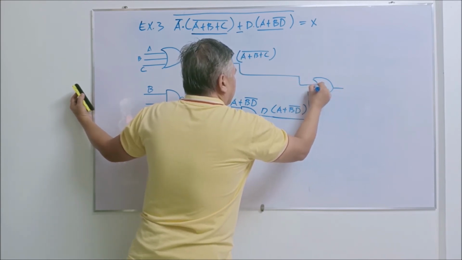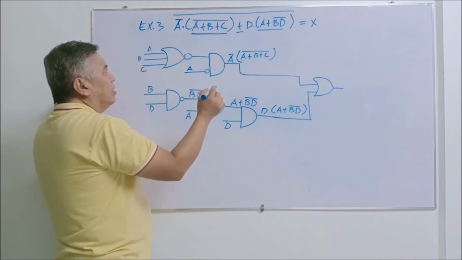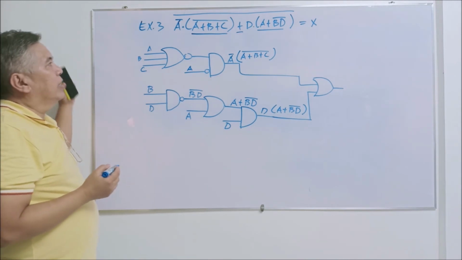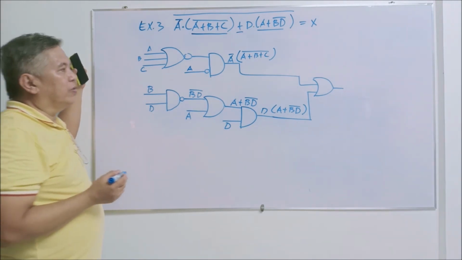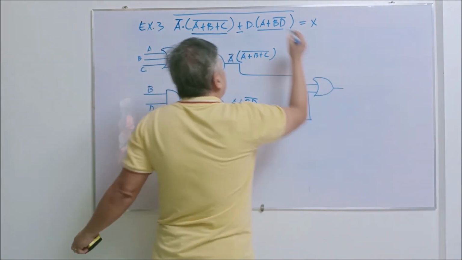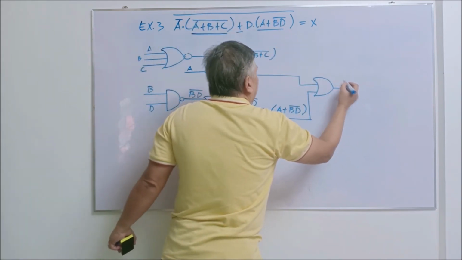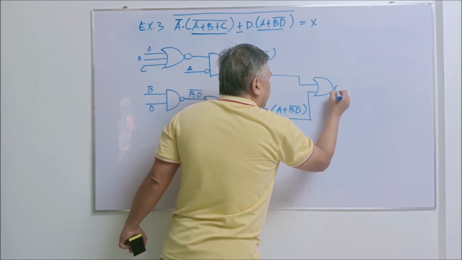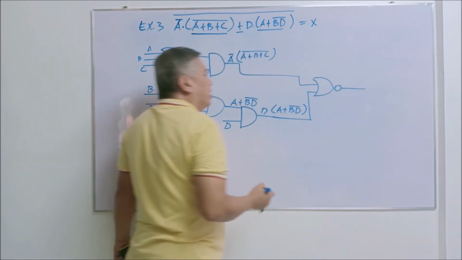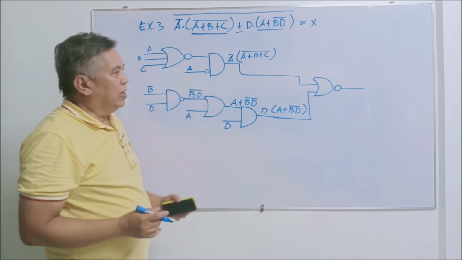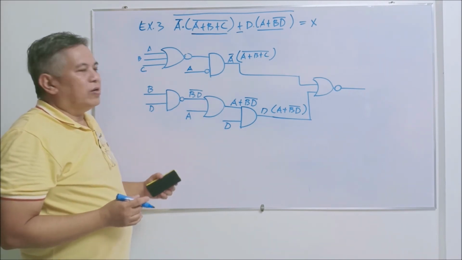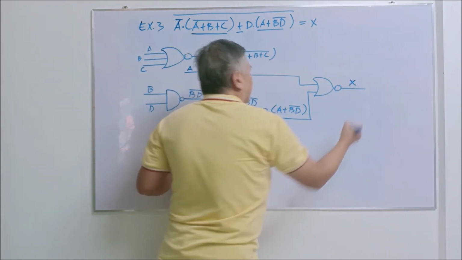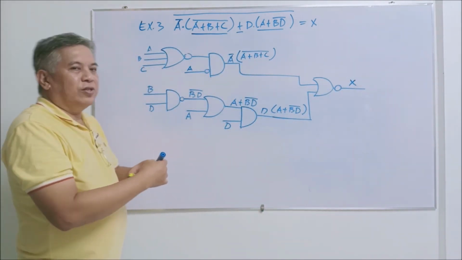Okay, they are ORed together, and remember also that there is a complement at the upper portion of your equation. So in other words, you can represent this complement with an inverter, or simply place a bubble at the back of your OR gate. And this becomes your X.